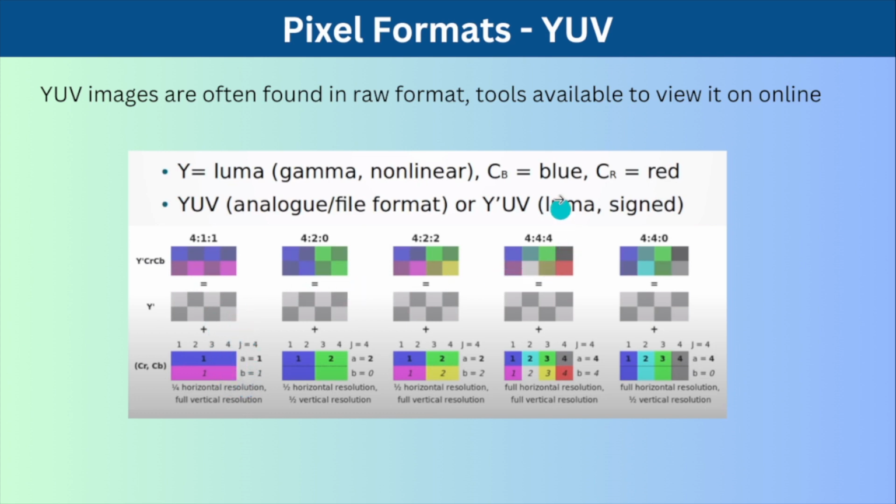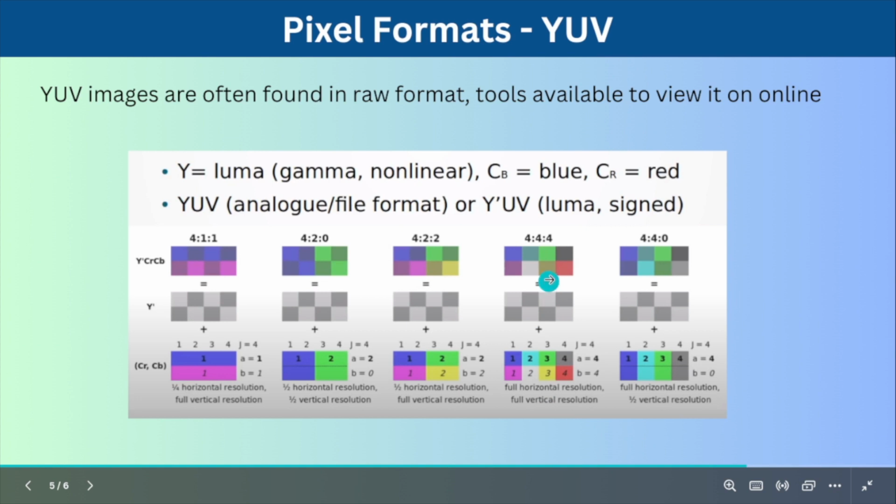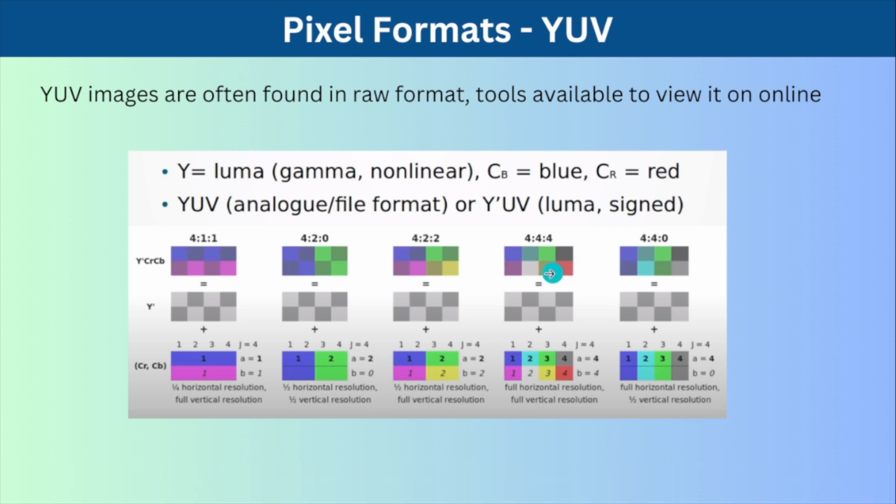Actually 4:4:4 is the basic YUV format where all the color information is retained. There is no color sharing between pixels here. In YUV 422p, each pixel's brightness is maintained the same, but these two pixels are converted into one color value, these two use one color value, and these two use one.